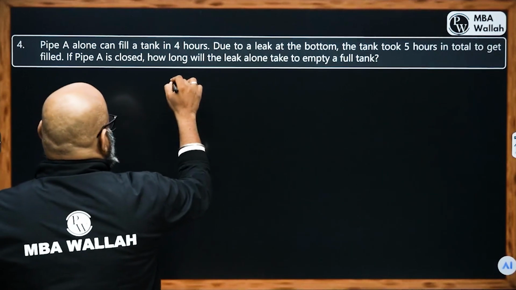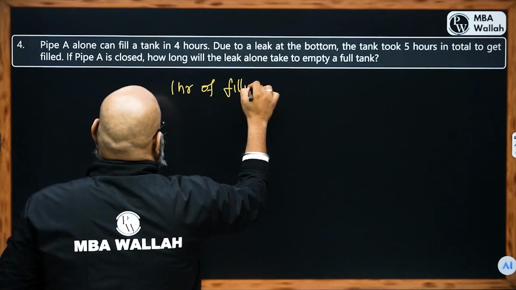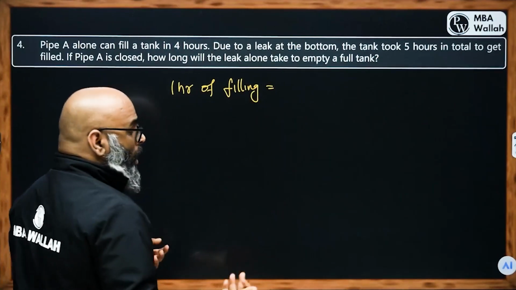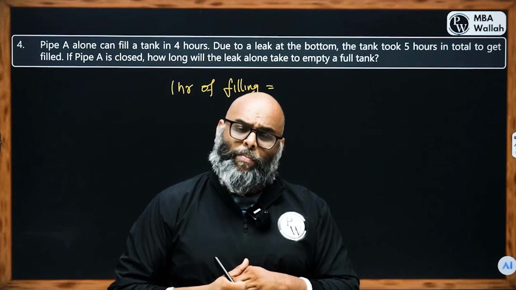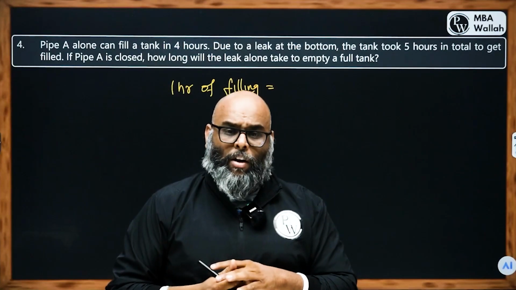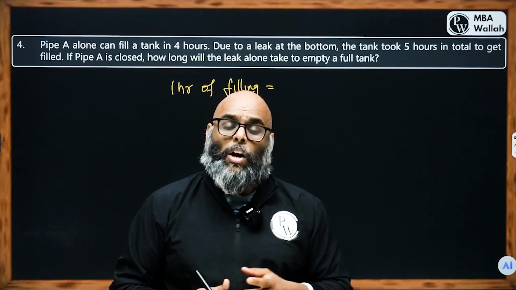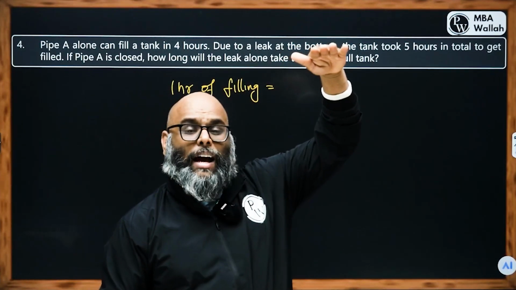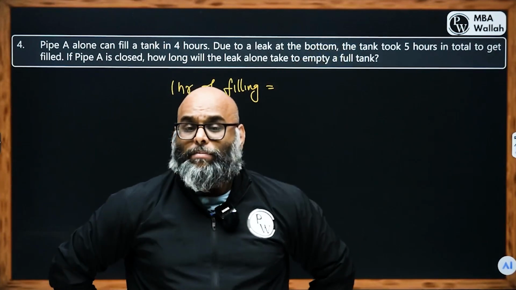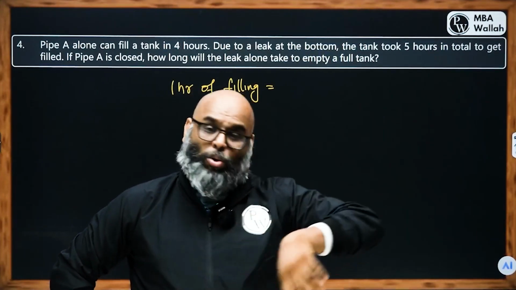Or we can say this 1 hour of filling compensates the water leaked. For how much time? 1 hour of filling compensates 5 hours of leakage. Now our minds would automatically say 4 hours of leakage. But you'll have to remember, until the tank got filled, the leak was still leaking, which means that the leakage was active for 5 hours through the time.